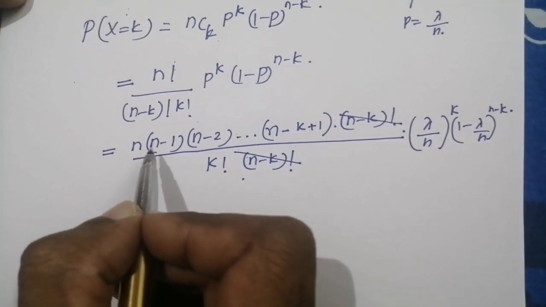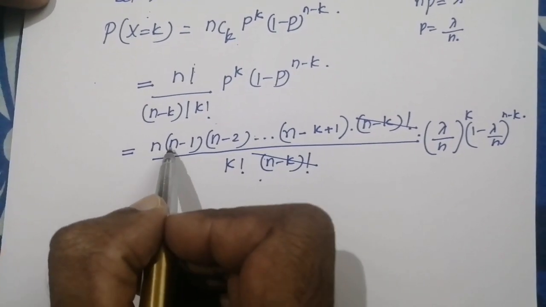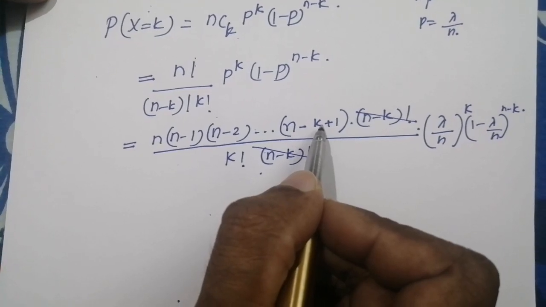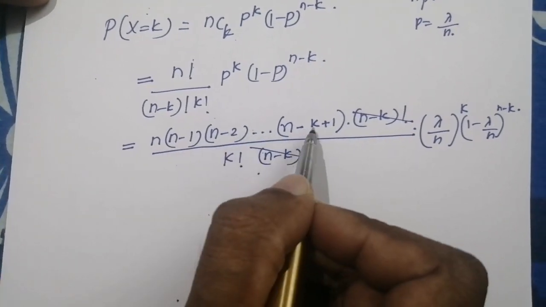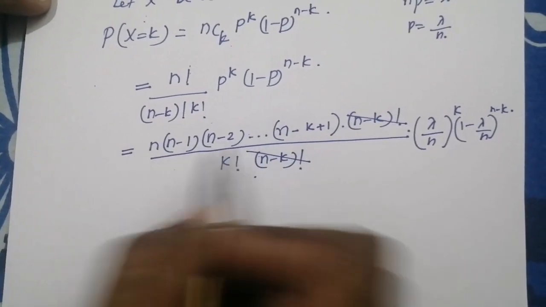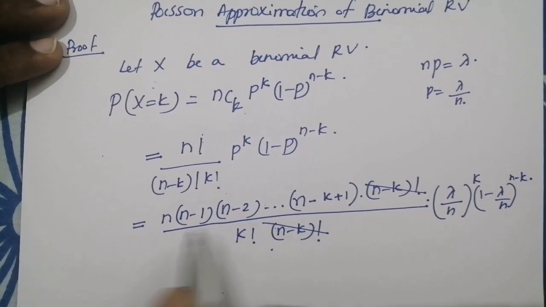Now I am taking n as a common factor. How many n can be taken? 1, 2, 3, and so on up to k minus 1, plus this one. So in total, n raised to k. So k n's are taken outside.